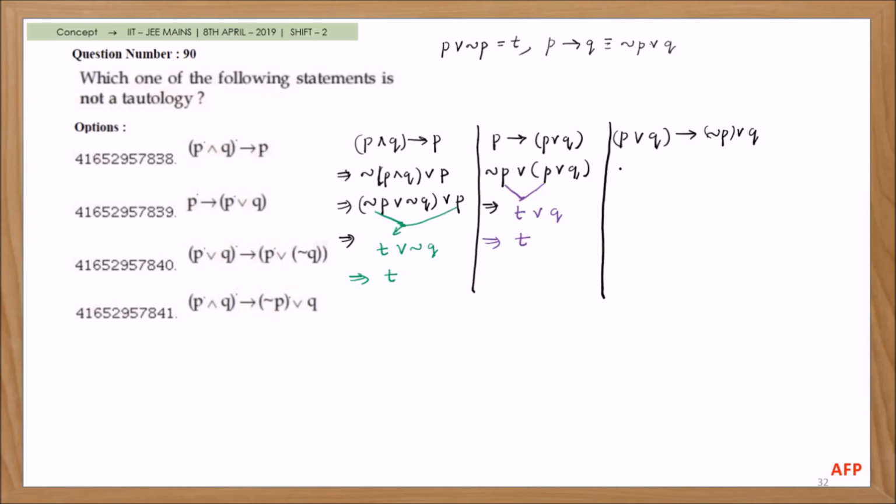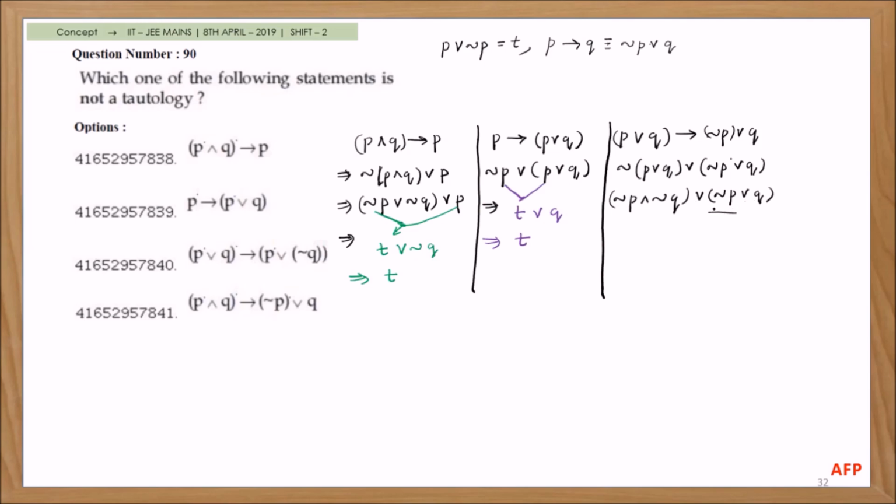This we can write as not (P or Q) or not P or Q. If you take the negation inside, the or becomes and, so not P and not Q, or not P or Q. Now we can apply the distributive property.